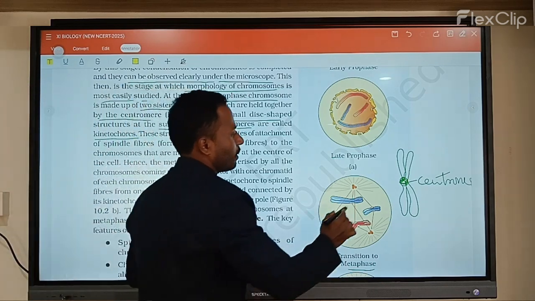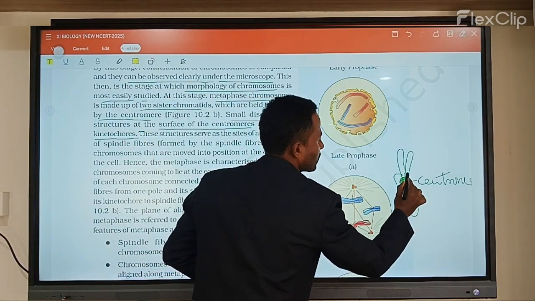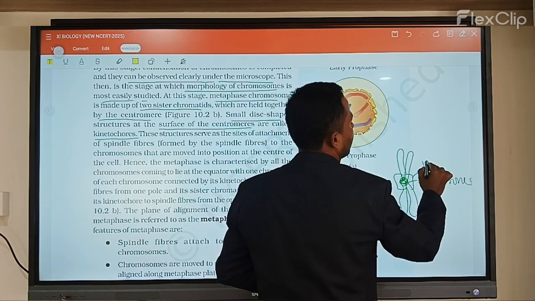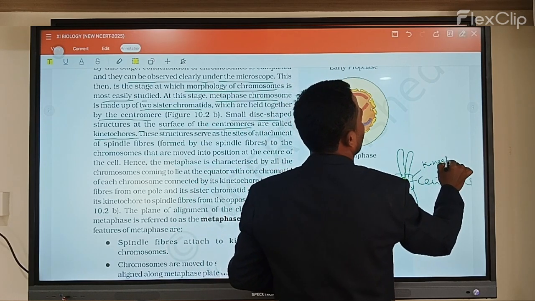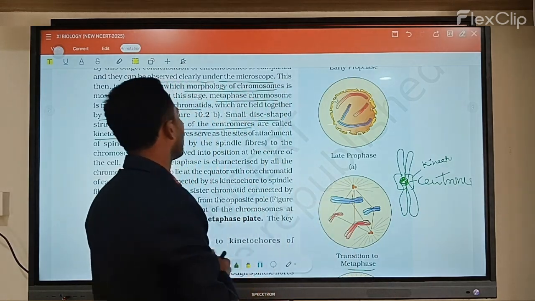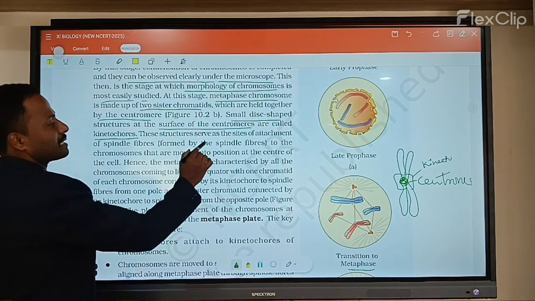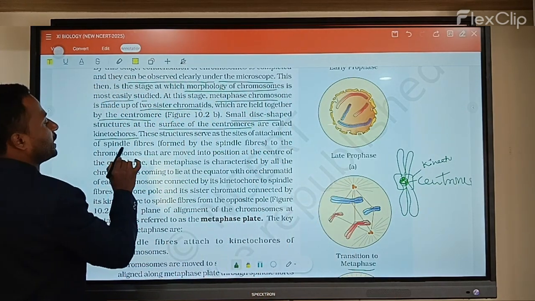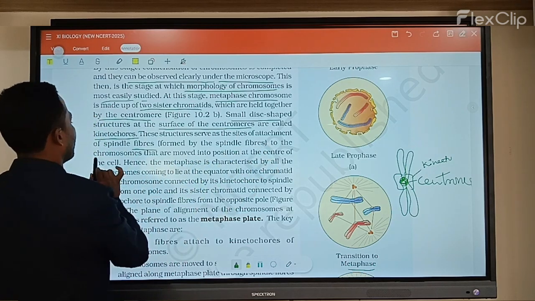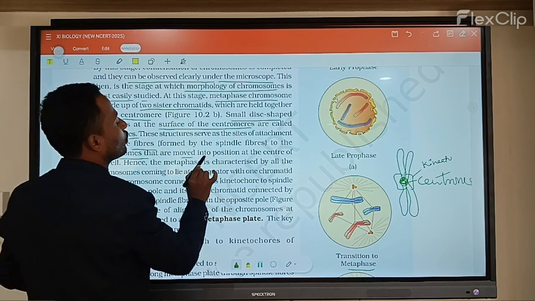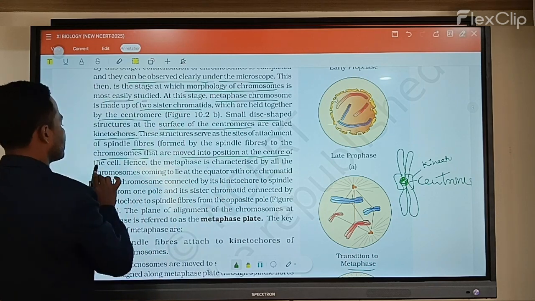See, this small disc-shaped structure is called what? Kinetochore. These structures are the sites of attachment of the spindle fibers to a chromosome that moves to opposite poles of the cell.